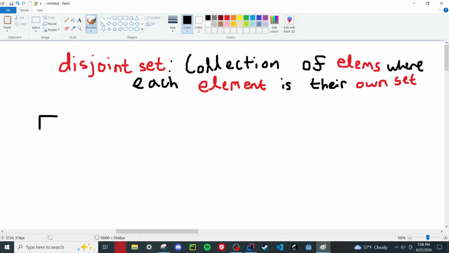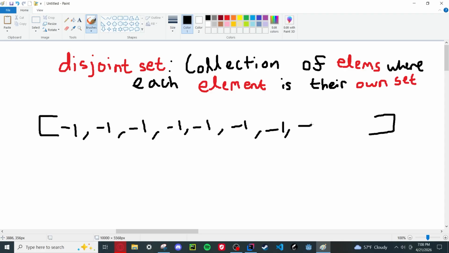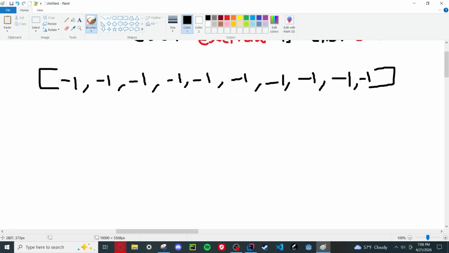So let's say I have an array. -1, -1, -1, -1, -1, -1, -1, maybe let's do one more. So 1, 2, 3, 4, 5, 6, 7, 8, 9, and then lastly 10. I literally counted already. We have 10 elements. Okay. And then I'm gonna associate this with 1.